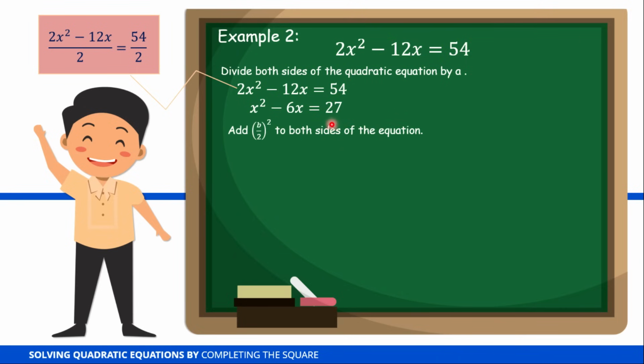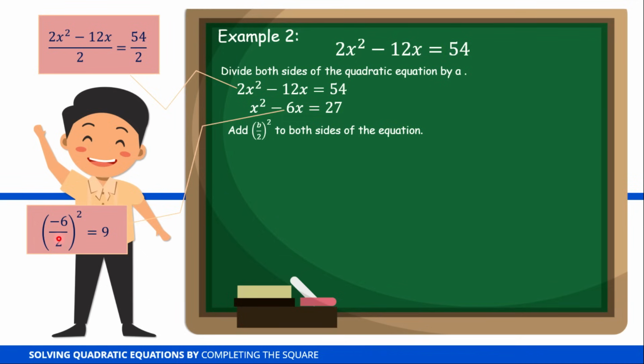Again, kuhanin natin yung half ng b, tapos square natin ito. Sa ating given or sa ating nakuhang equation, ano ba ang value ng b? Ang b natin dito ay negative 6. Kunin natin ang half ng negative 6. Negative 6 divided by 2, answer is negative 3.